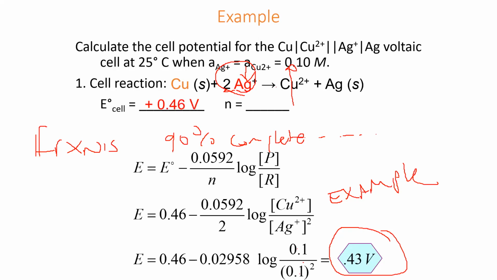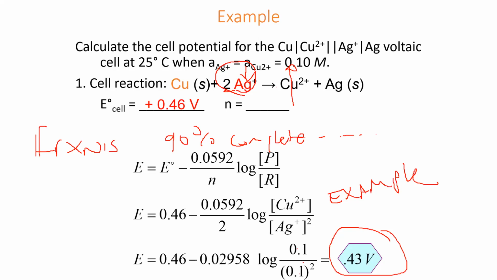One of the things you can do is apply the Nernst equation to both halves of the equation separately. You could do a Nernst equation on the copper and figure out what its actual potential is at that condition, and then do a Nernst equation for the Ag.